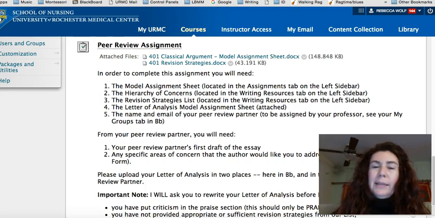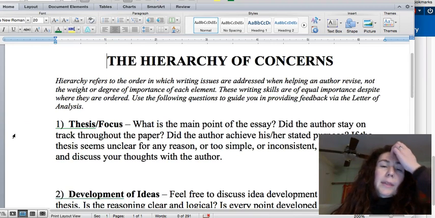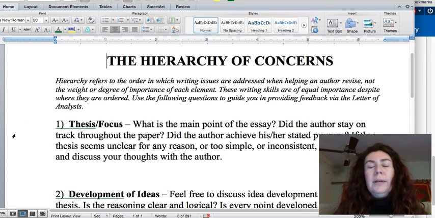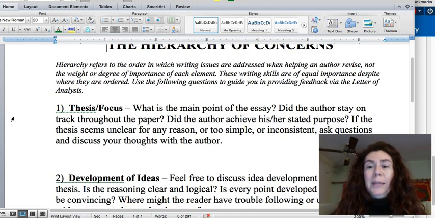Okay, so the next thing that we're going to take a look at is the hierarchy of concerns. Okay, and the most important thing to note is that it is a hierarchy, and it helps us figure out what areas to address first. And there's a very important reason for doing that.